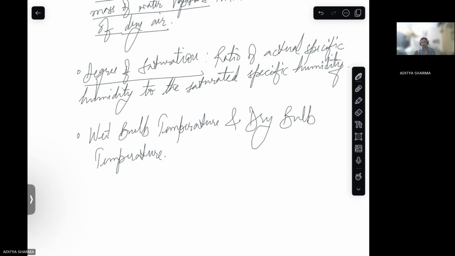If you compare these two cases, for the latter case the wet bulb temperature will be lesser, because more evaporation takes place, which has caused more cooling and more reduction in the temperature when compared with dry bulb temperature. So this is your wet bulb temperature and your dry bulb temperature.